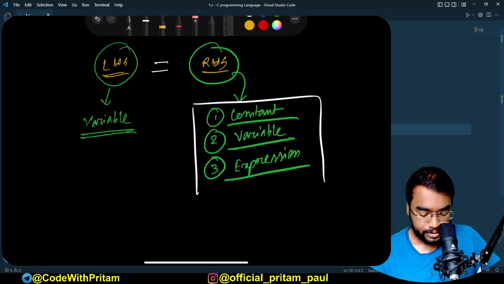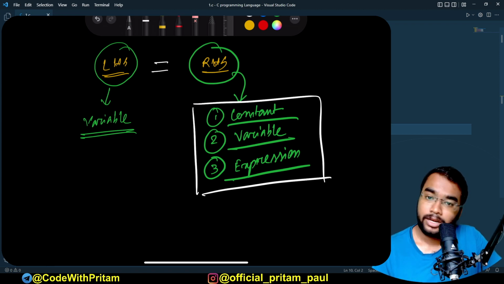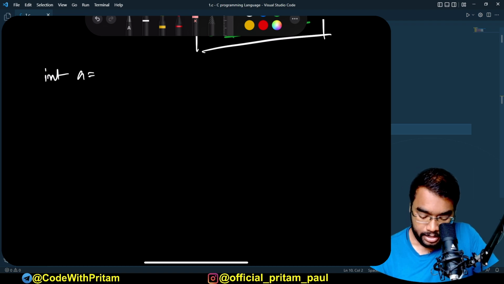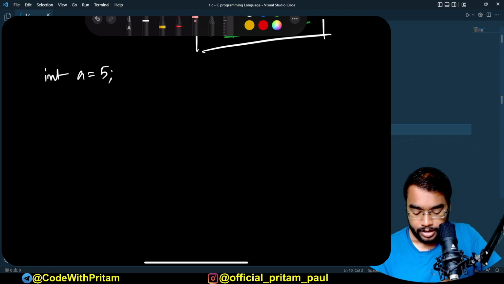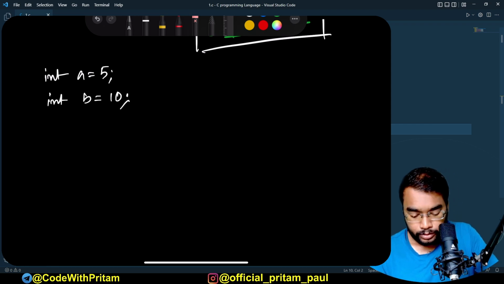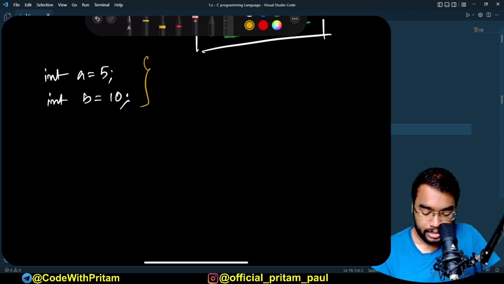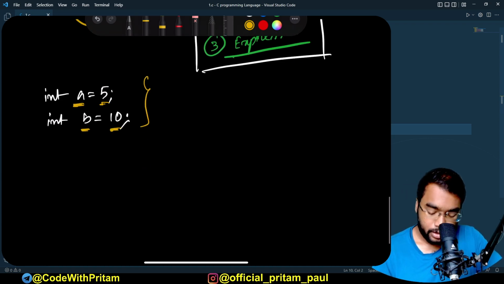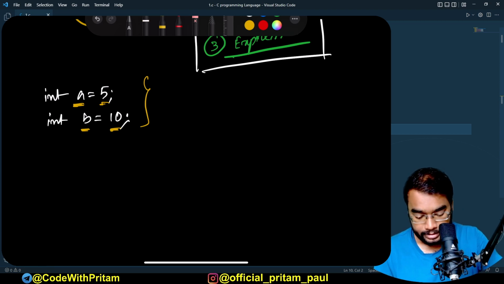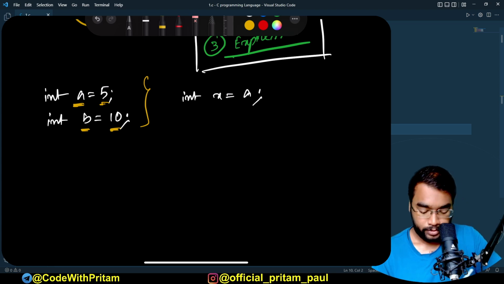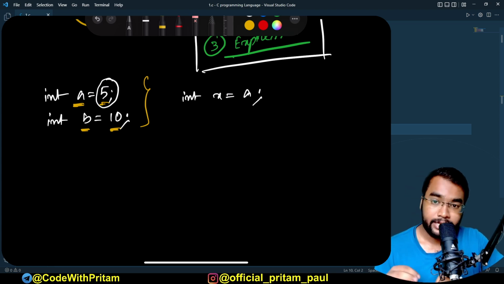Let's take some examples and try to understand how things will happen. For example, if I write integer a equal to 5, and integer b equal to 10, these are the assignments. Here this is a variable, and here this is a constant. But when I write integer x equal to a, we know that a has value 5.